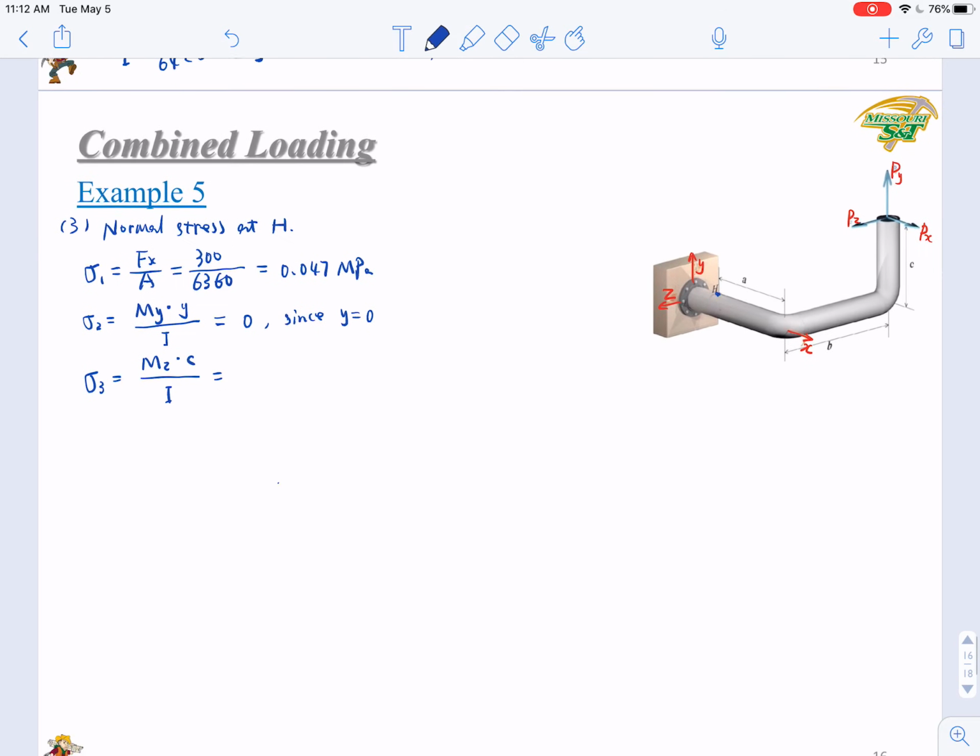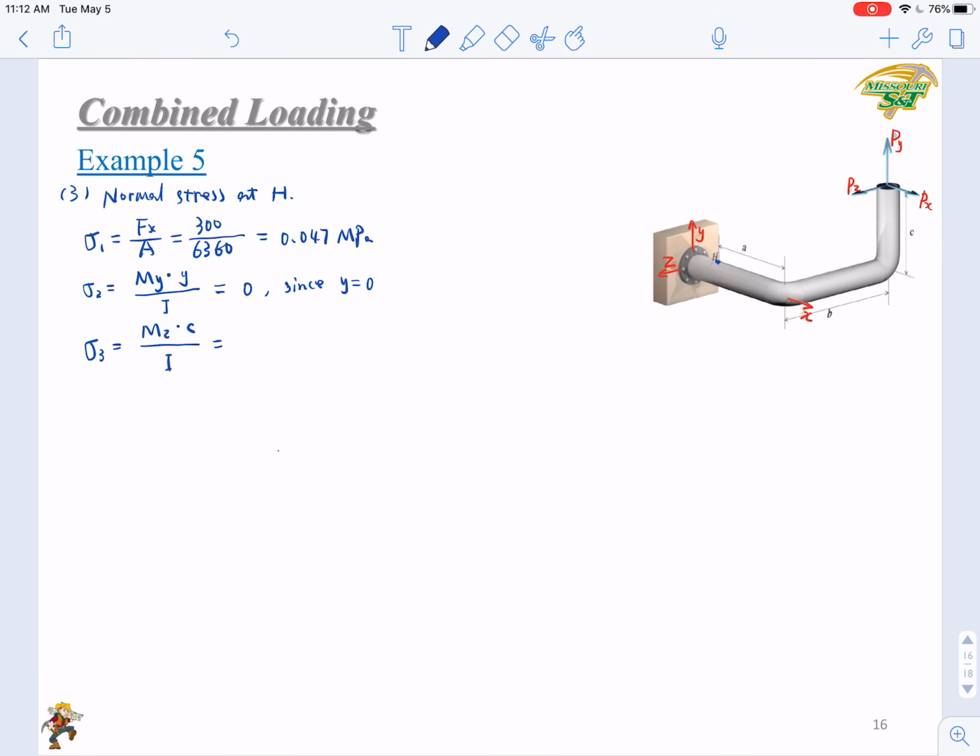So the Mz here is negative 300 times 300 plus 1200 times 1200. The result is 1.35 million Newton millimeter.